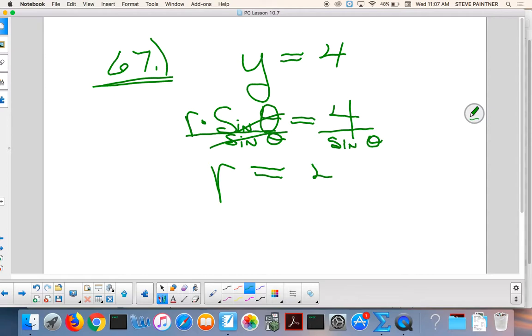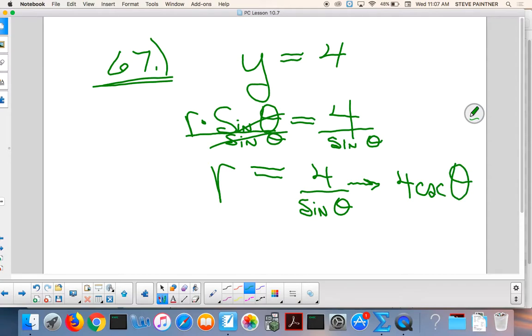Okay. Here's the deal. I understand the x's and y's are gone. But on Friday you will be graphing this stuff, and we don't want to graph fractions that have trig functions in them. So can we somehow change this over to what? 4 times cosecant of theta.